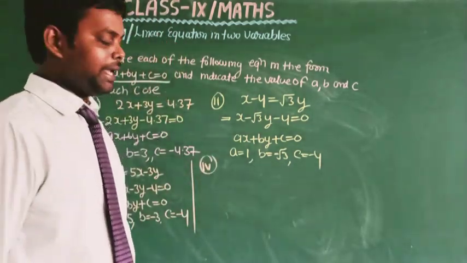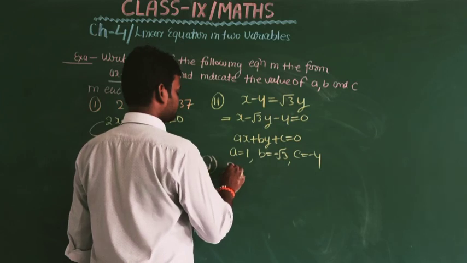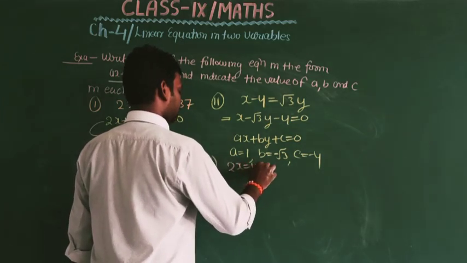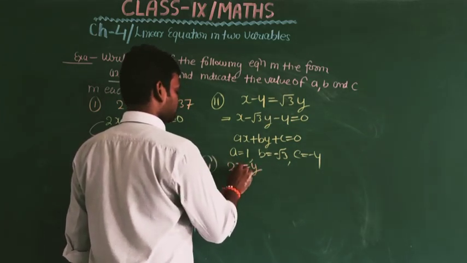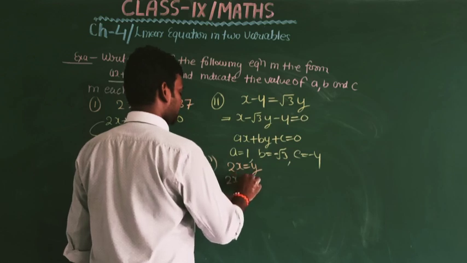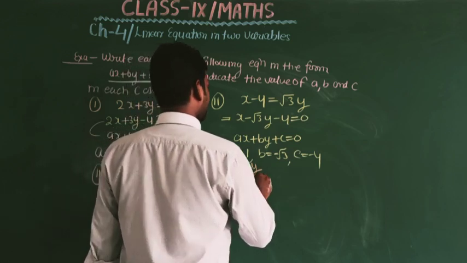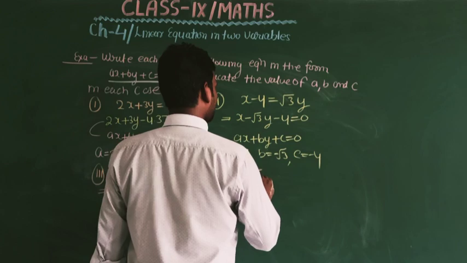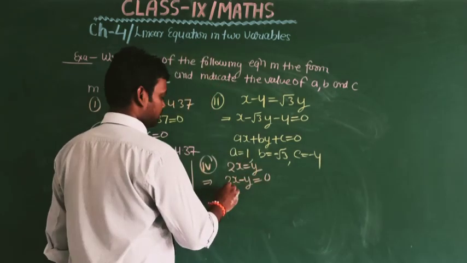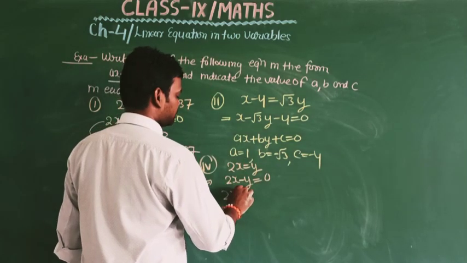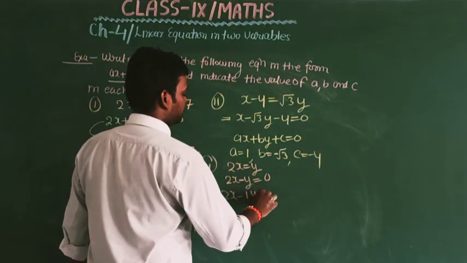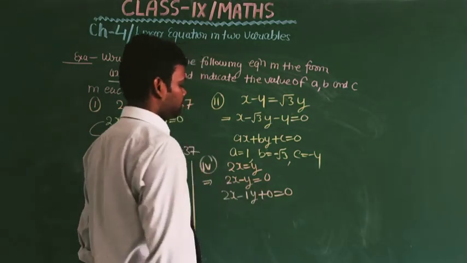Then 2x equal to y. This is written as 2x minus y equal to 0, which is also written as 2x minus 1y plus 0 equal to 0.